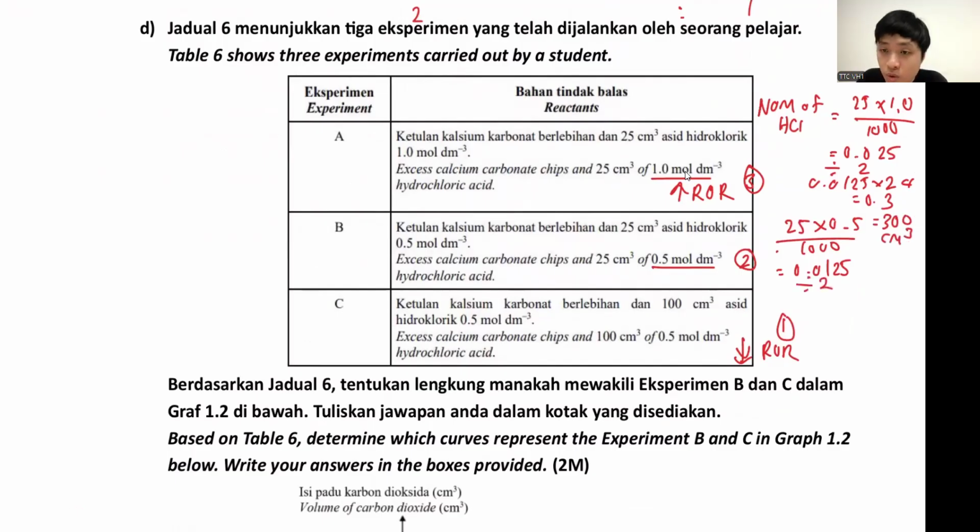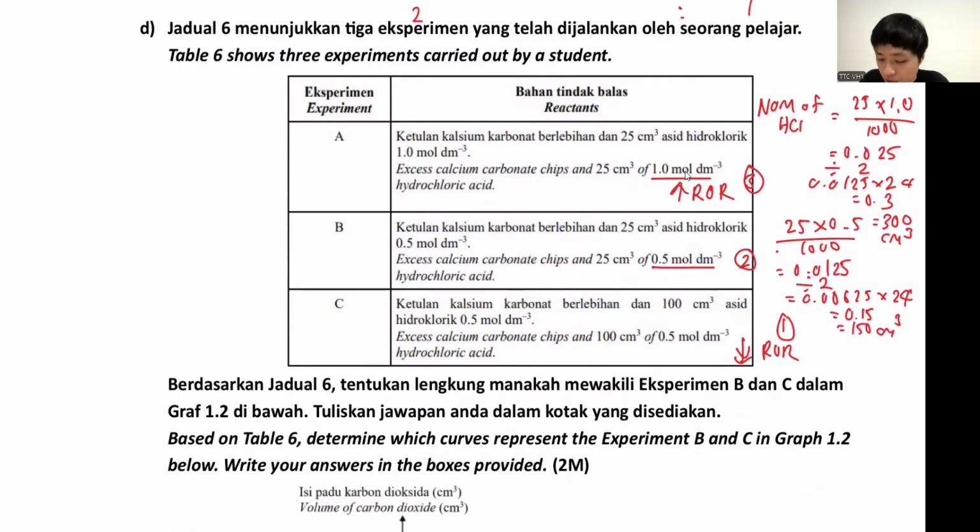Same, you divide by 2 for the ratio, you will get 0.00625. Then multiply by 24 molar volume. Then you will get 0.15, or you can say 150 cm cube.